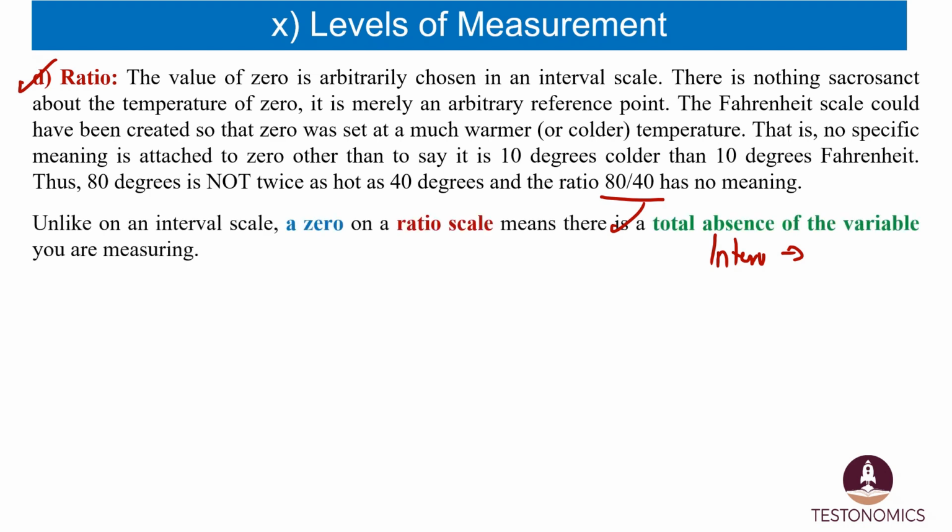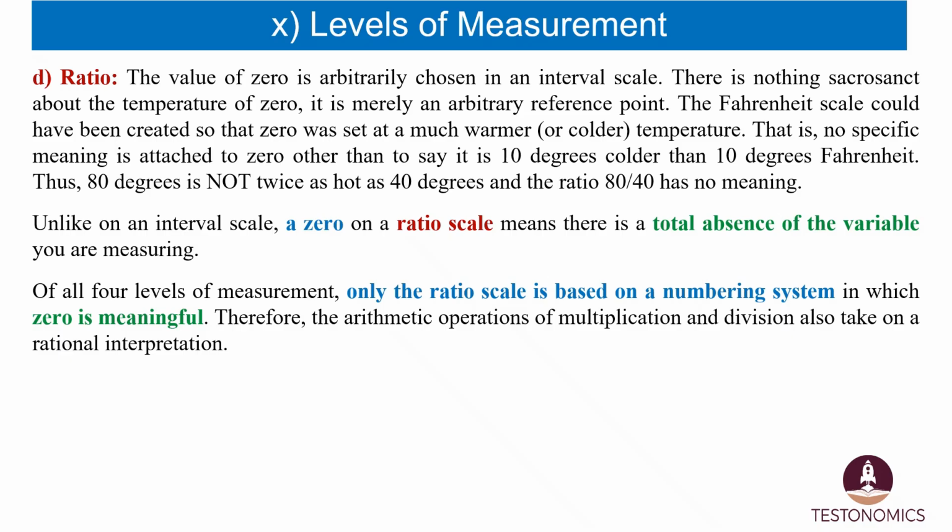Unlike on an interval scale, a 0 on a ratio scale indicates total absence of the variable you are measuring. Of all the 4 levels of measurement, only the ratio scale is based on a complete numbering system in which 0 is meaningful. Therefore, the arithmetic operations of multiplication and division also take on a rational interpretation.